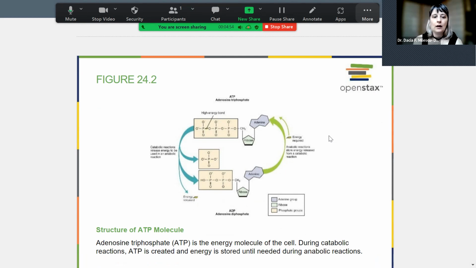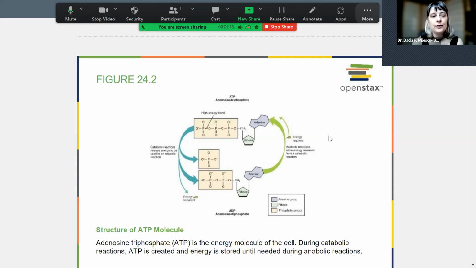Any cell at any point in your body will have ATP stored and ATP used. And the mitochondria, the term we've all heard, the powerhouse of the cell, is where adenosine triphosphate is made.